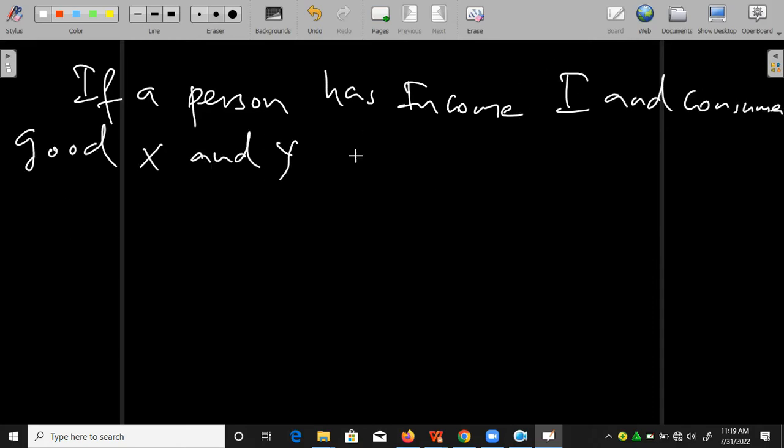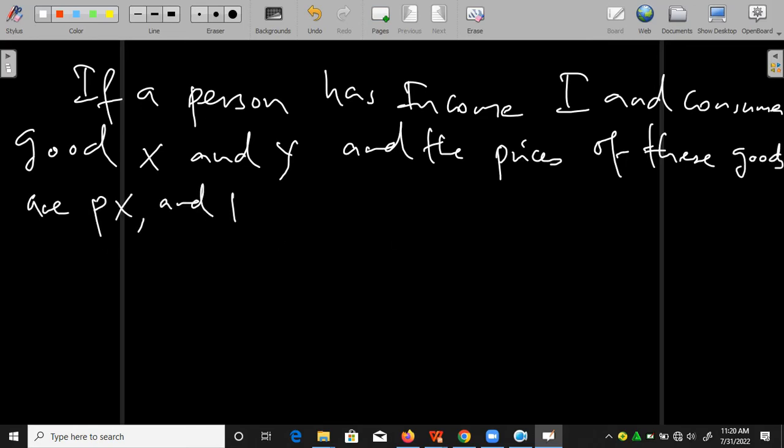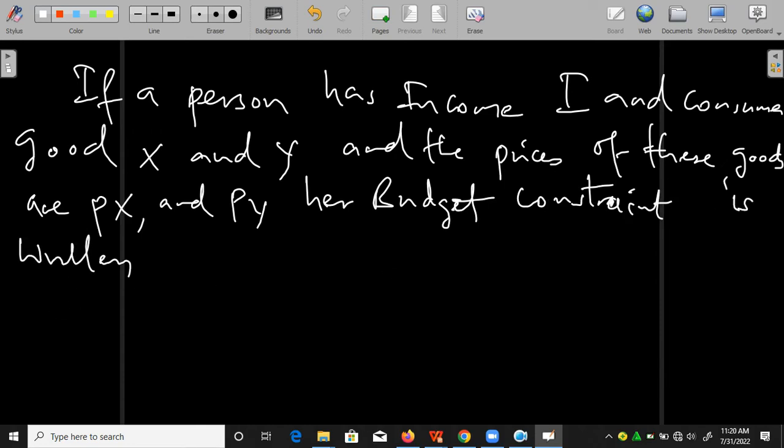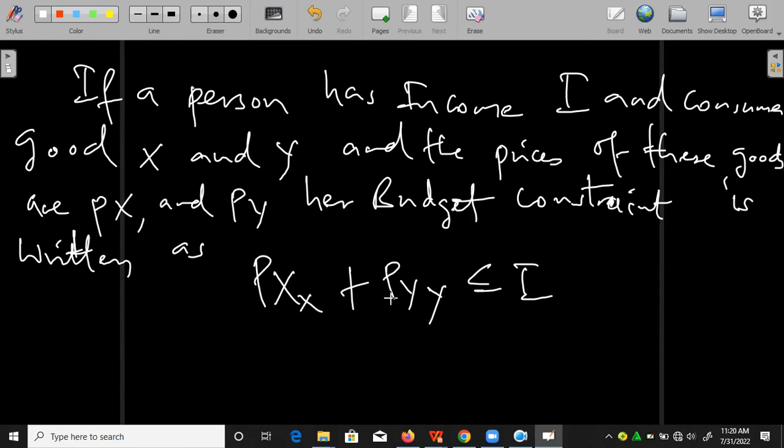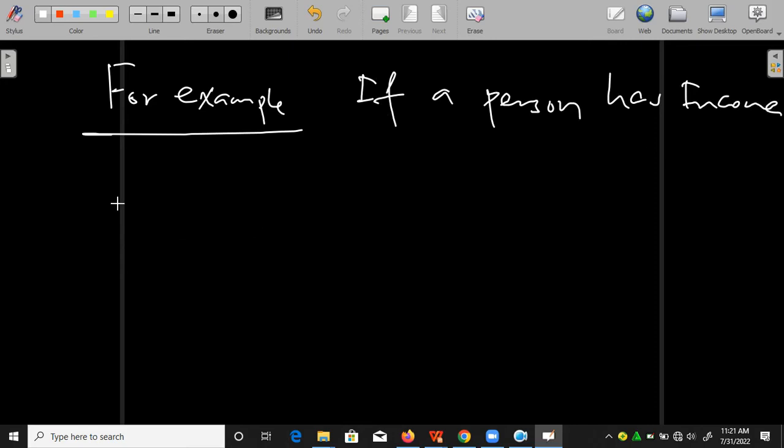Now, if a person has income I and consumes goods x and y, and the prices of these goods are Px and Py, this can be written as the budget constraint: Px times x plus Py times y is less than or equal to income. Let's look at another example.